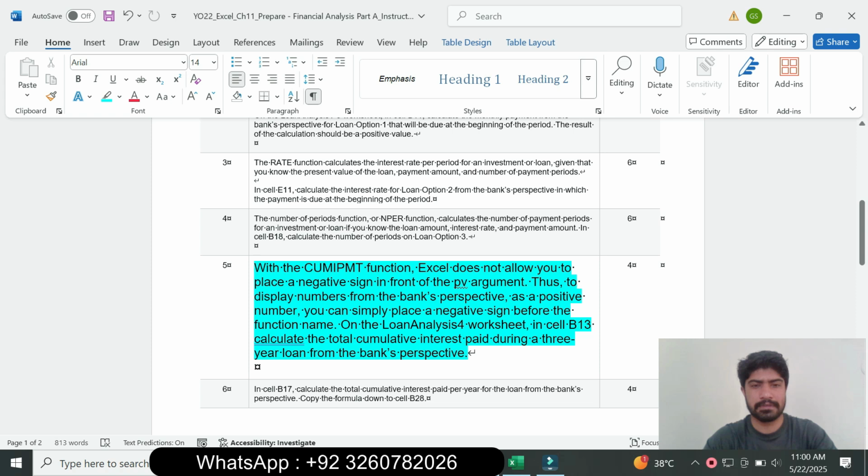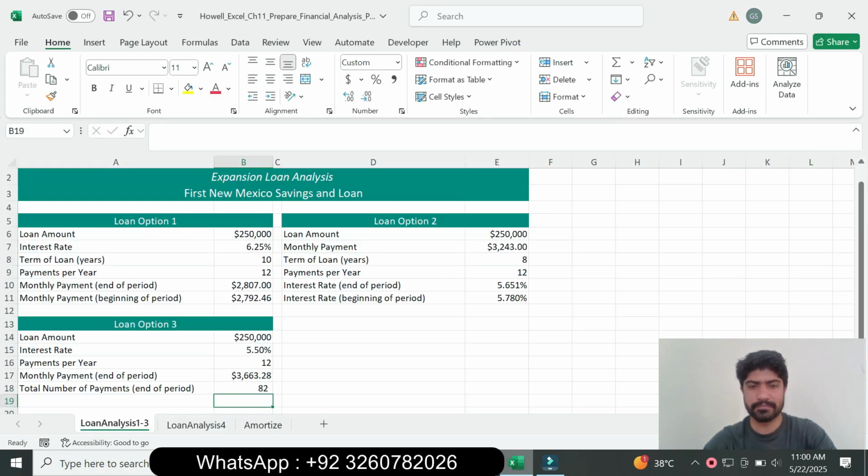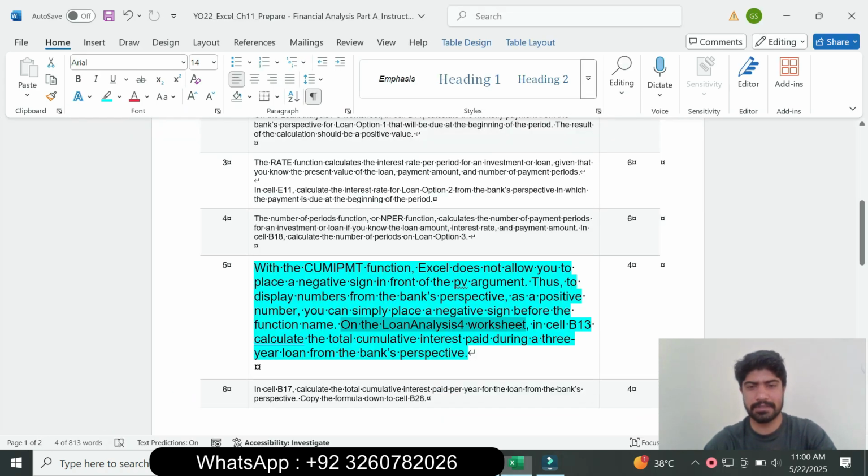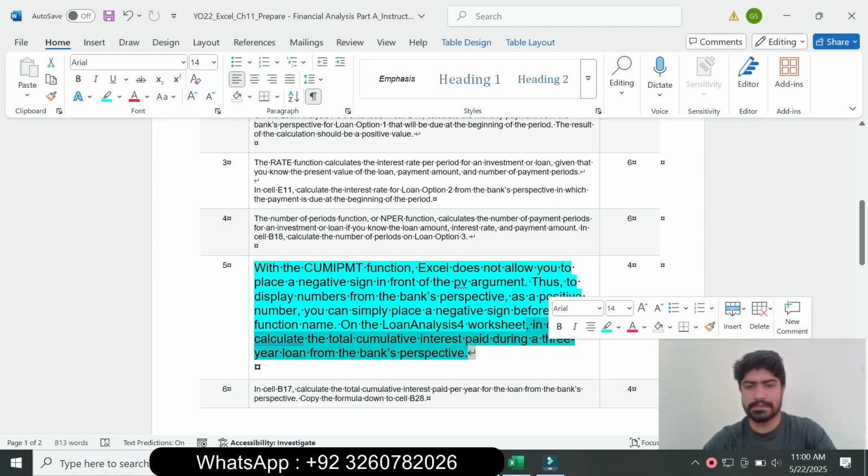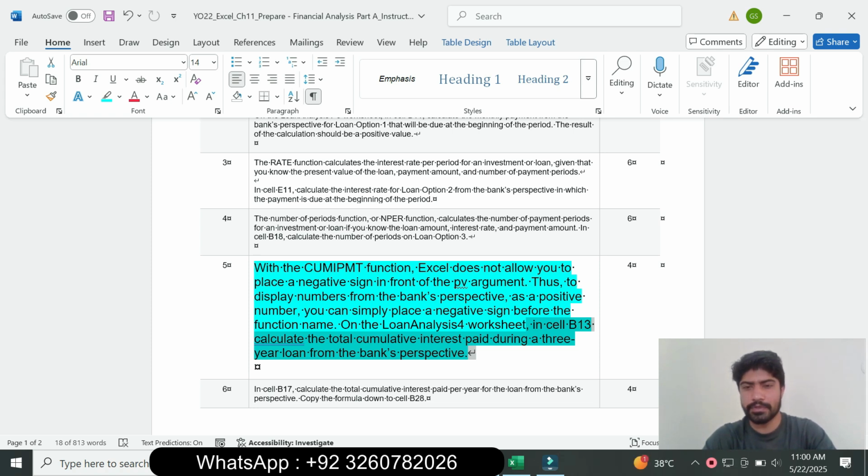Insert the CUMIPMT function. To display the number from the bank perspective as a positive number, simply place the negative sign before the function name on the Loan Analysis 4 worksheet.